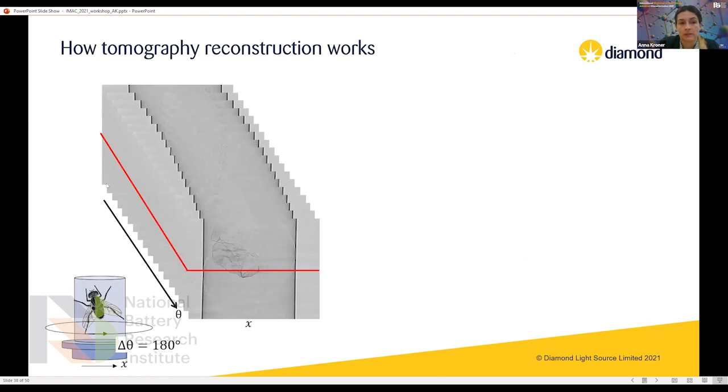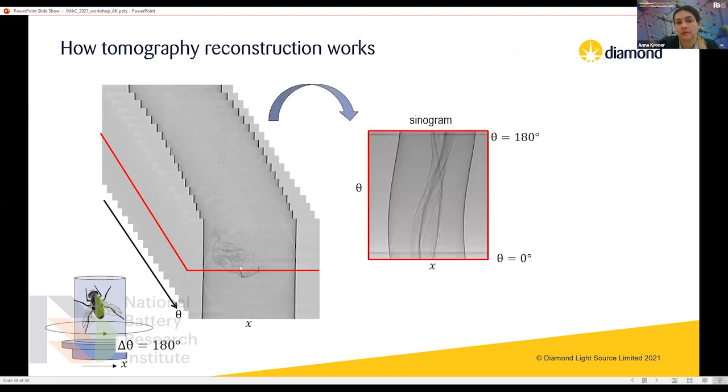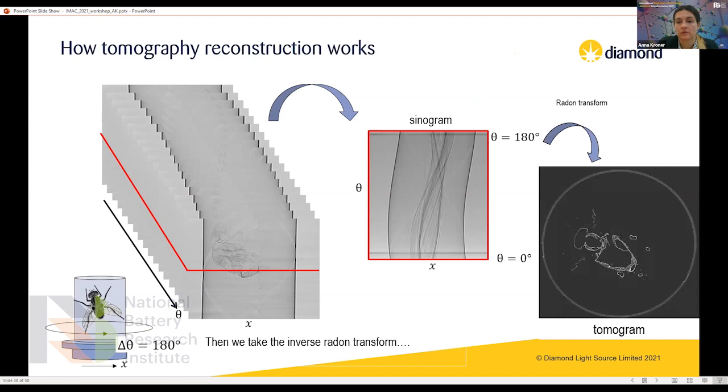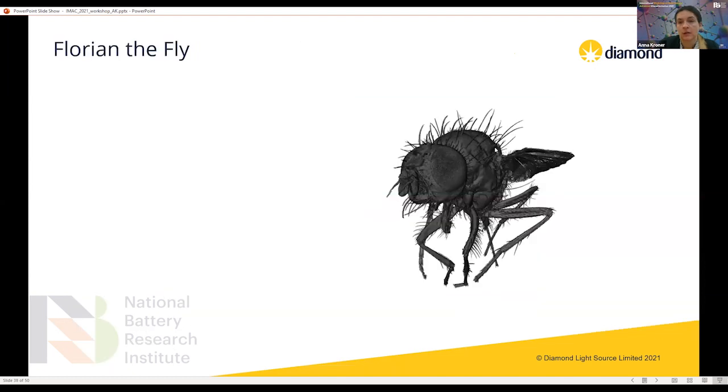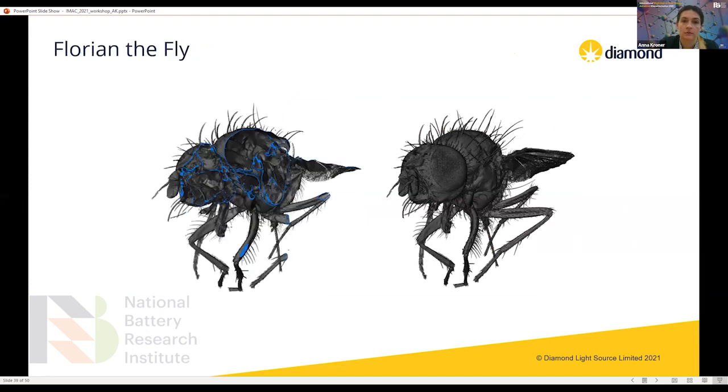Once we complete this measurement, we choose one of the planes, and the phase contrast of that plane will give us a sinogram from 0 to 180 degrees, and the transformation will give the tomogram. And if we stack all the tomograms on top of each other, we have a 3D representation of our specimen, and we can also look at what's happening inside the sample being studied.